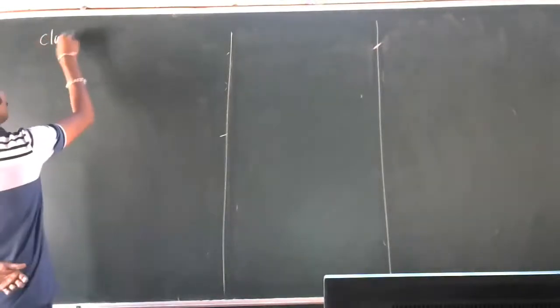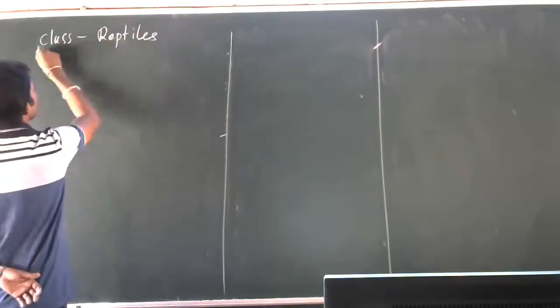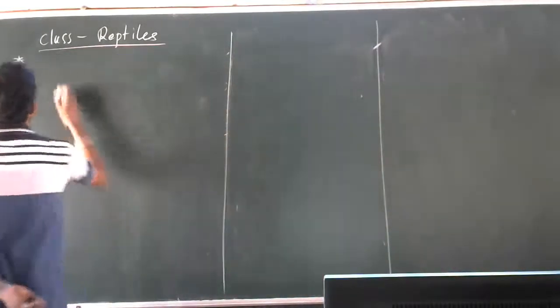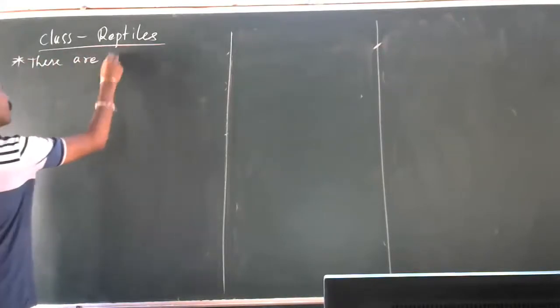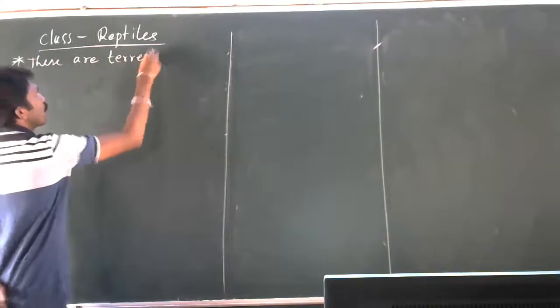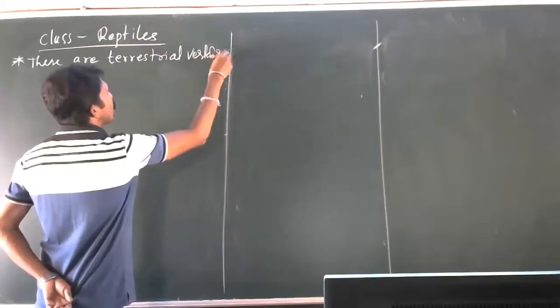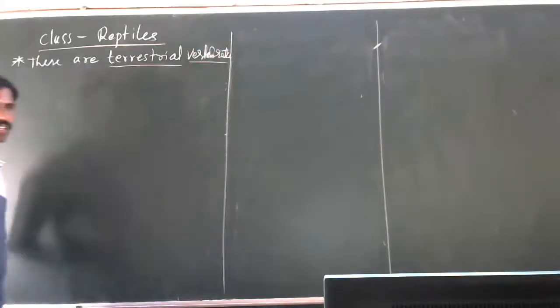Class Reptiles. These are terrestrial vertebrates, the first terrestrial vertebrates.